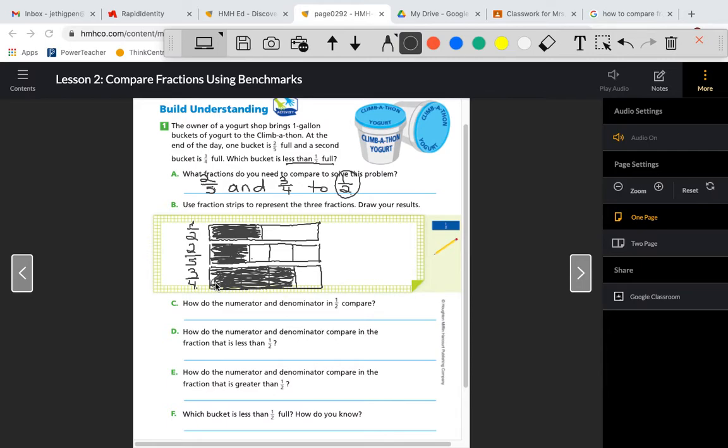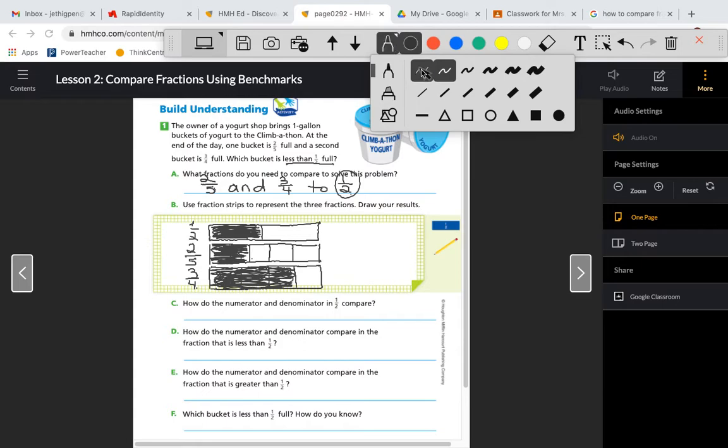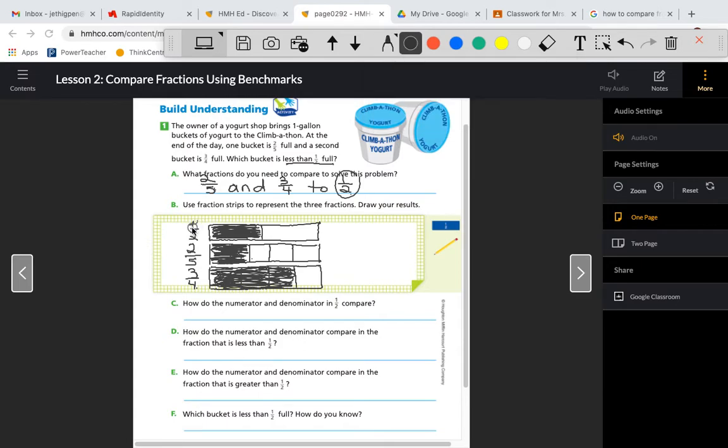Now let's answer the questions using our model. C, how do the numerator and denominator in 1/2 compare? Let's go back and review. The numerator is the number on top. The denominator is the number on bottom. So you have 1/2. This is our numerator. This is our denominator, okay?